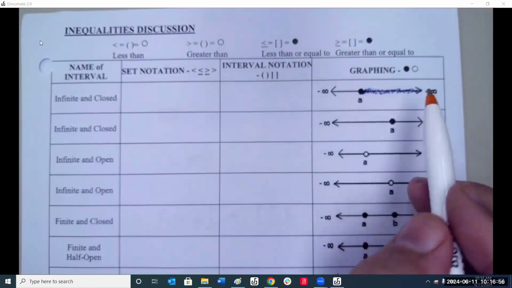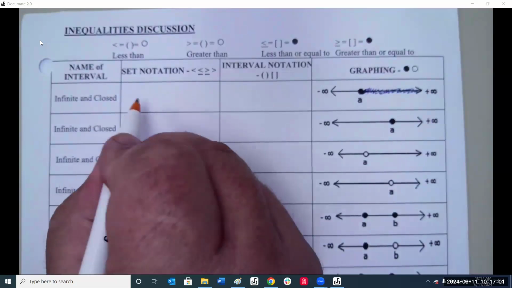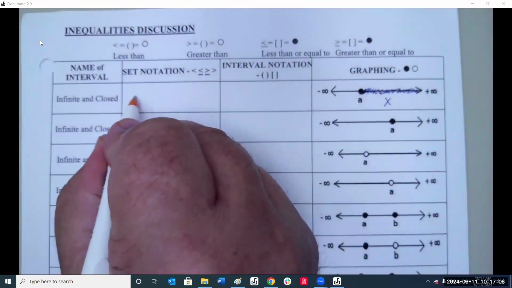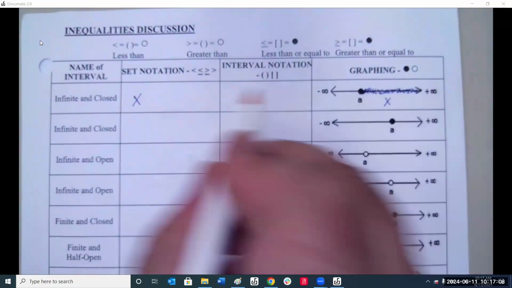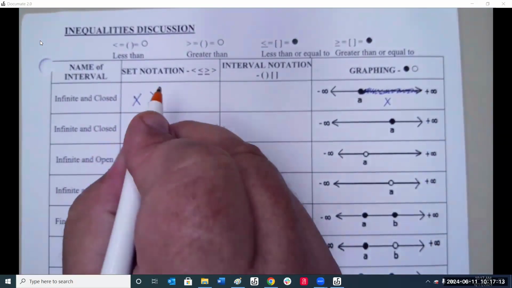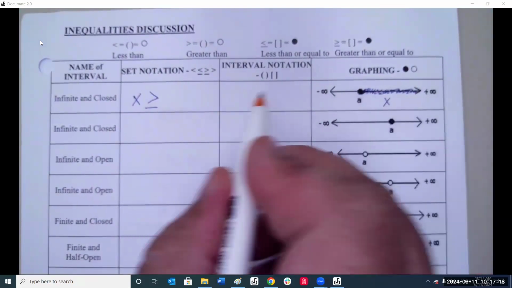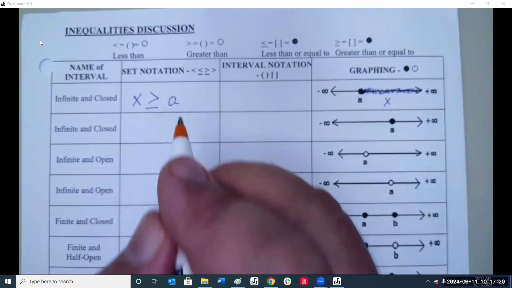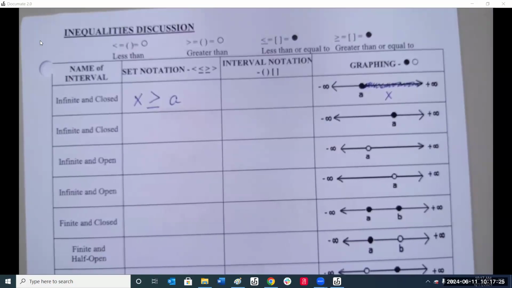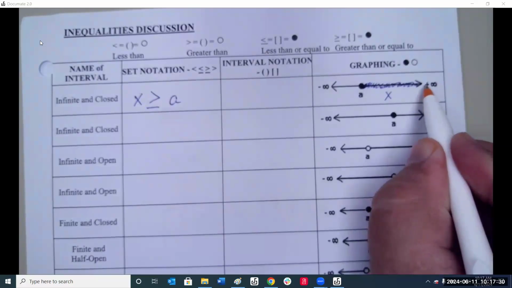How would you represent this picture in set notation? All these we're looking for are the x's. So x, since it's to the right, is greater than. Can it include a? It can, because it's included, I can equal it. x is greater than or equal to a. That's what this picture means. I can start off at a and go to infinity.